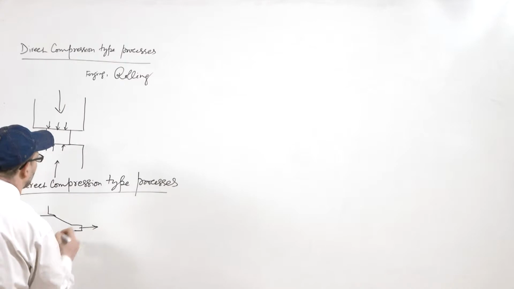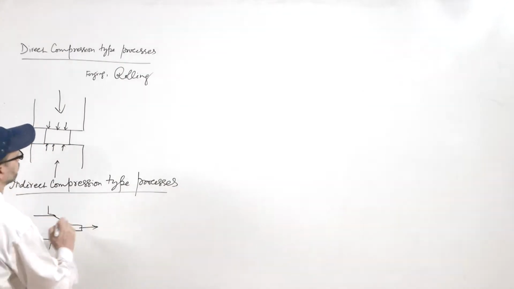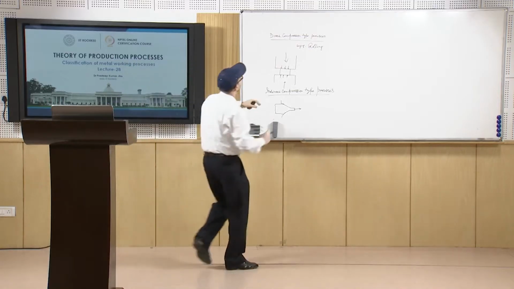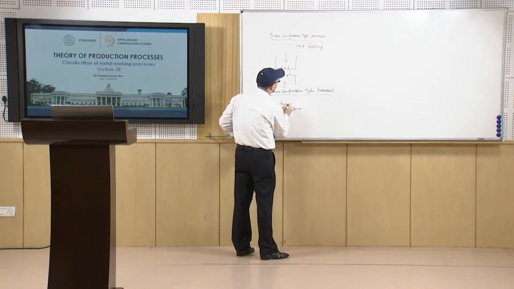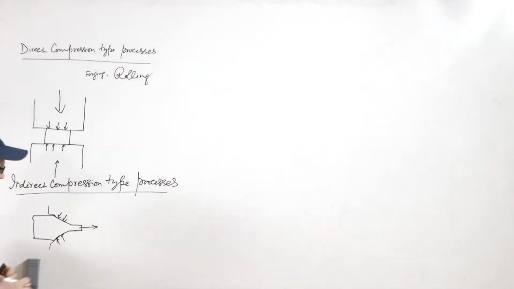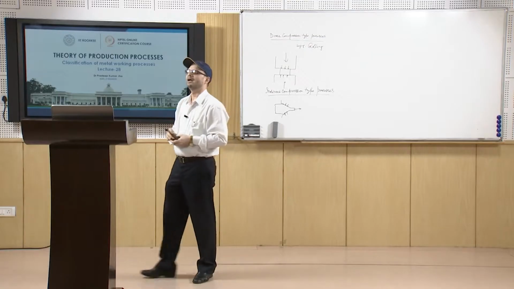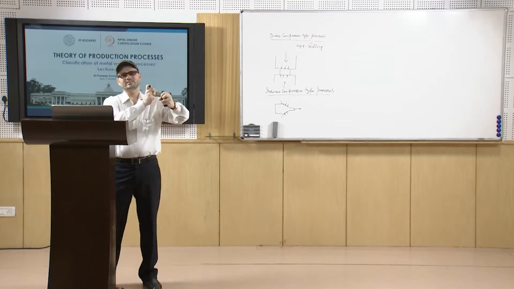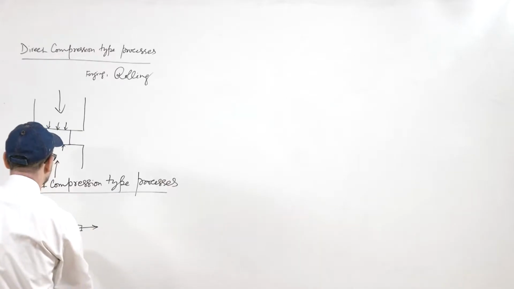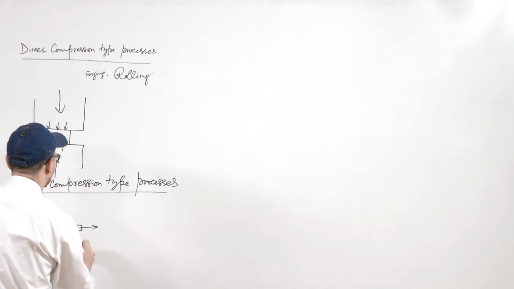Once you apply the tensile forces, because of this constraint, these indirect compressive stresses are developed at this interface, and that is how they result in the smaller wire diameter. This is known as wire drawing.